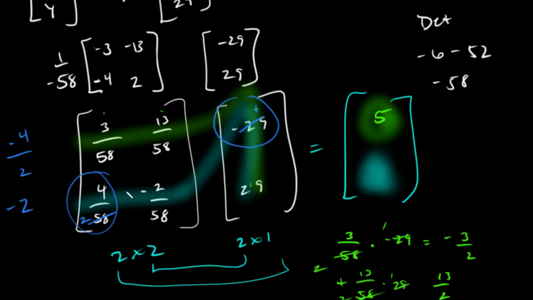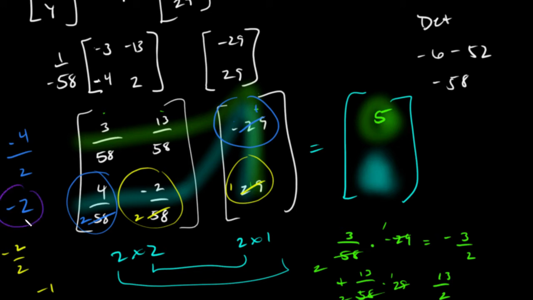And then when you take this number times this number, this will reduce to 2 and this will reduce to 1. And then you're going to have negative 2 over 2, which is negative 1. You're going to add these two numbers together and you're going to get negative 3. So I'm going to go out on a limb and say the answer is 5, negative 3.